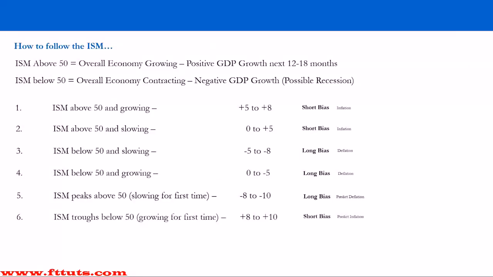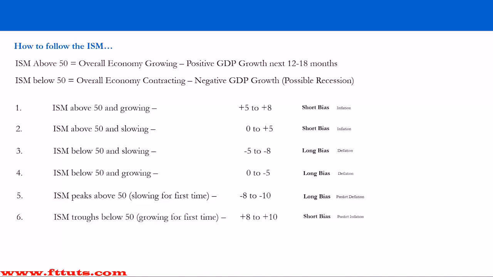whereby if we look at the 6 cases, we have the ISM above 50 and growing. We tend to have a short bias, but the scorecard is not extreme. So we're looking at medium to high conviction on our scorecard. So we're scoring a +5 to a +8 on the inflationary scale of 0 to +10.